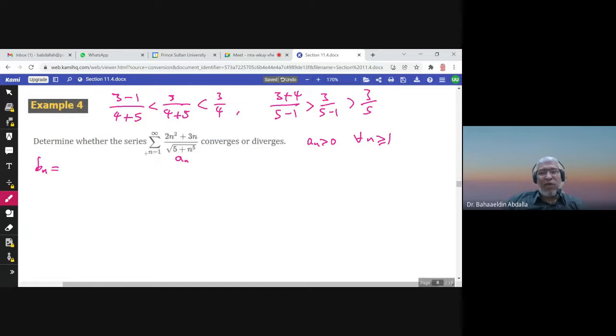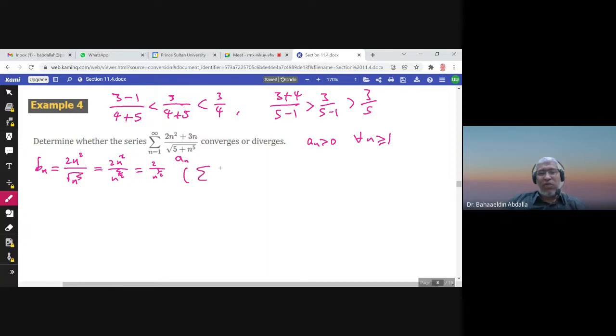What is Bn? The term with the largest power is 2n squared, and here I have square root of n to the power 5. This would be n to the power 5 over 2, and it would be 2 over n to the power 5 over 2 minus 2, which is n to the power half.